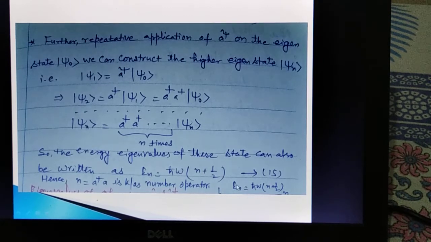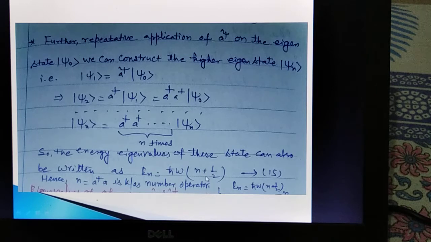And if n equal to 0, then this is equal to 1 by 2 h cross omega. N equal to 1, then this is equal to 3 by 2 h cross omega. For n equal to 2, this is equal to 5 by 2 h cross omega. So the minimum energy is h cross omega by 2, while the separation between first and second energy eigenstate is h cross omega.